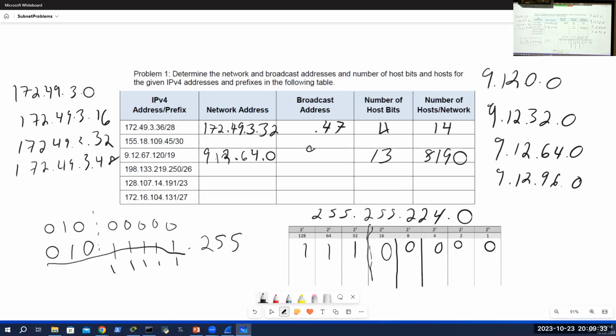So the last two octets will be 95, 255 for our broadcast. It'll be 9.12.95.255. And again, you could have gotten the 95 by looking at this and saying subtract 1 from that. You just got to remember to make the last octet all 255s, all ones.